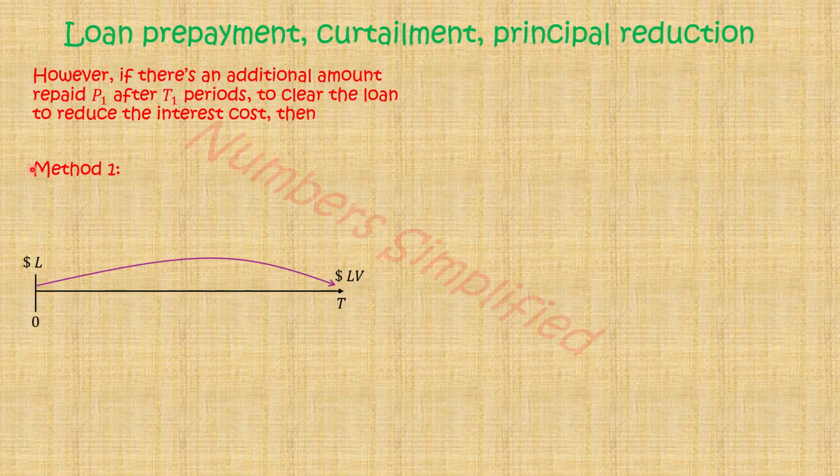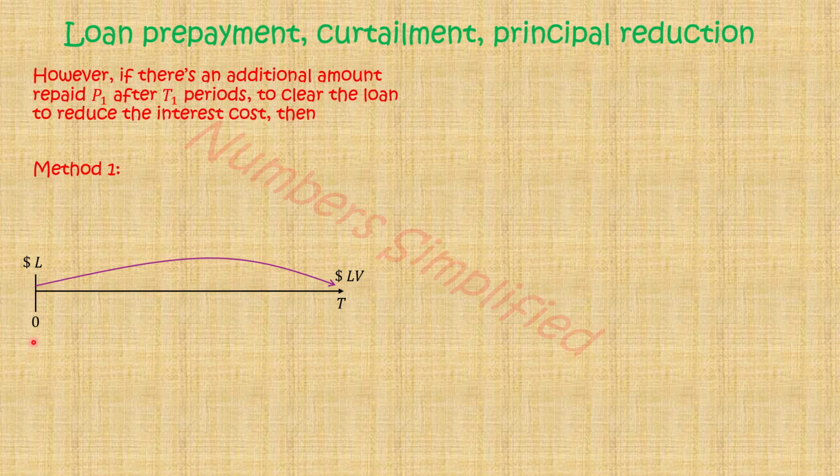So we are going to have two methods that are crucial in understanding this idea of paying an additional amount to start clearing the loan prior to the day it is due, because in so doing, we reduce the interest costs. At the end of the period when the loan is due, we would incur less interest costs.